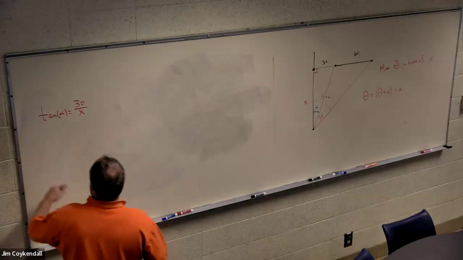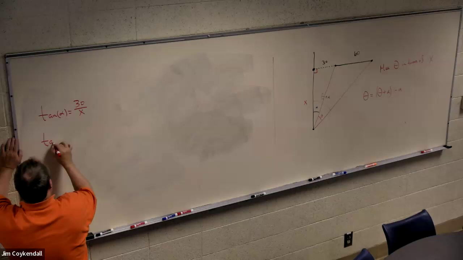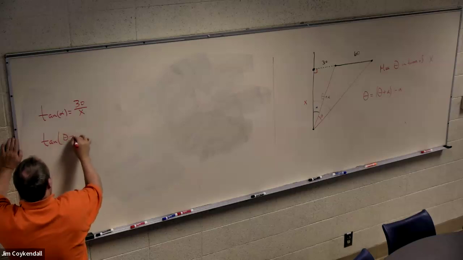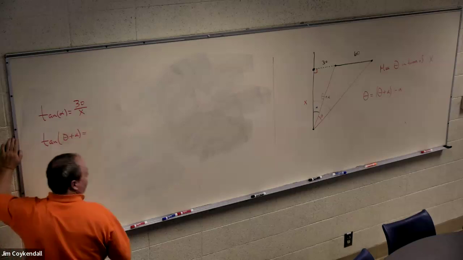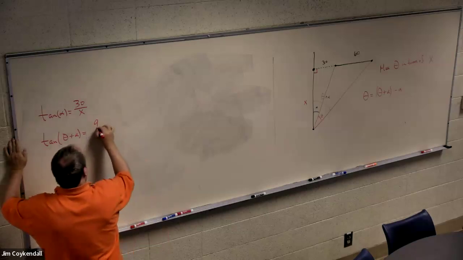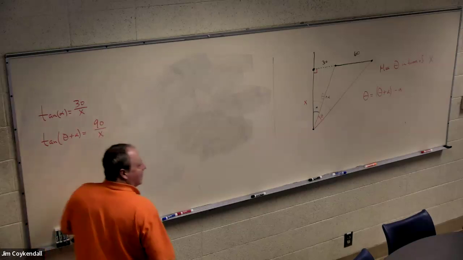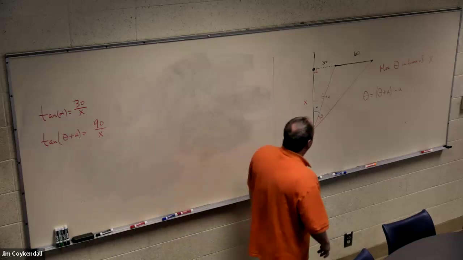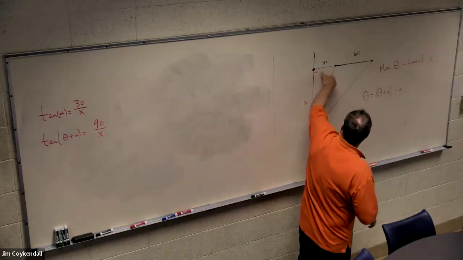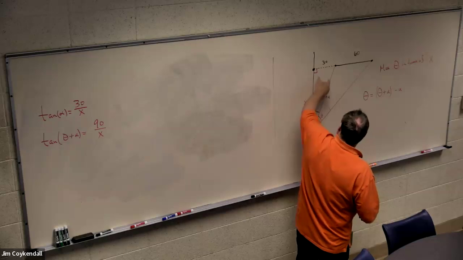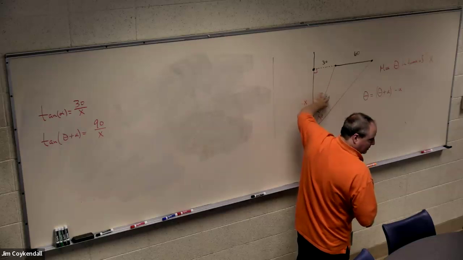What is the tangent of the big whole angle? Everybody with me on that? Right, the tangent of alpha is opposite over adjacent, 30 over x.